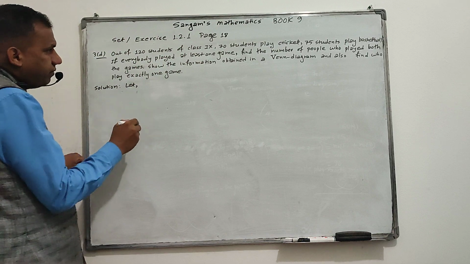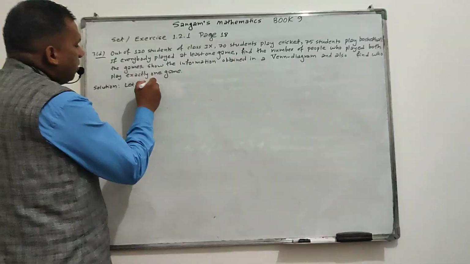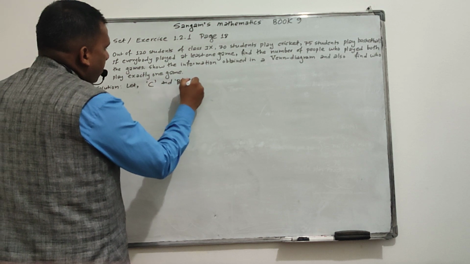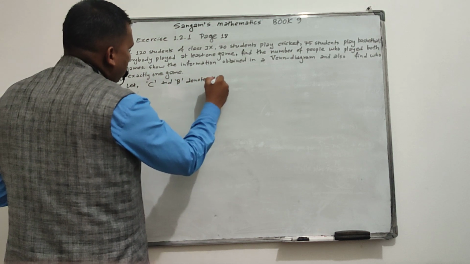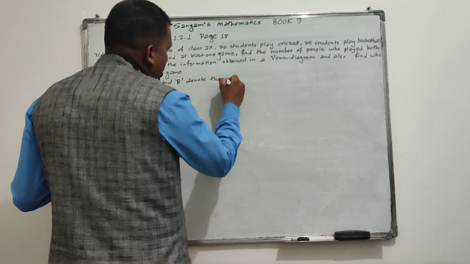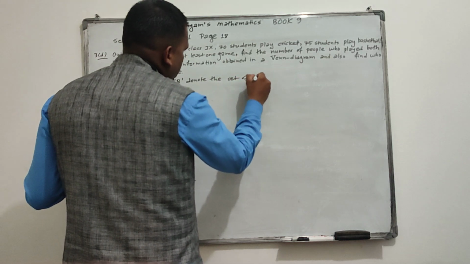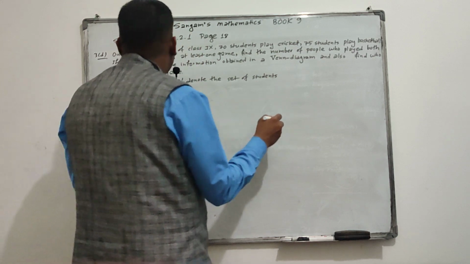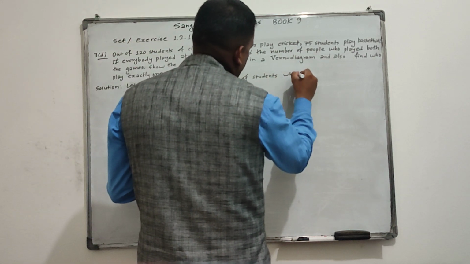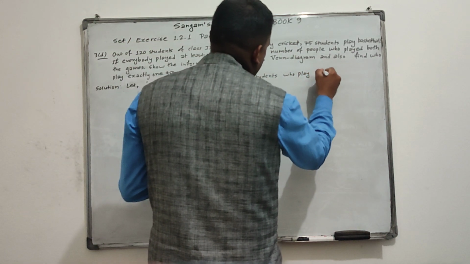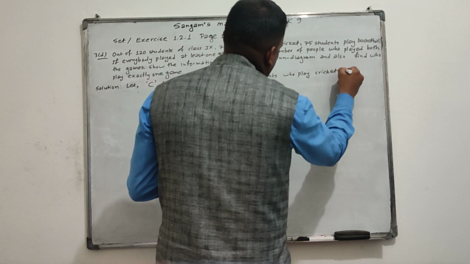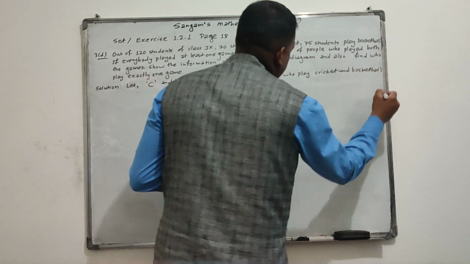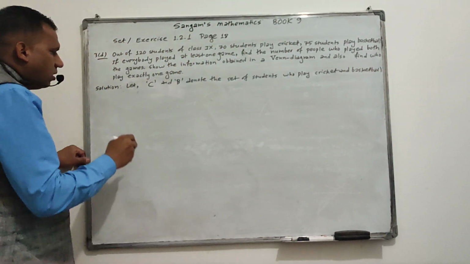Let C and B denote the set of students who play cricket and basketball respectively.